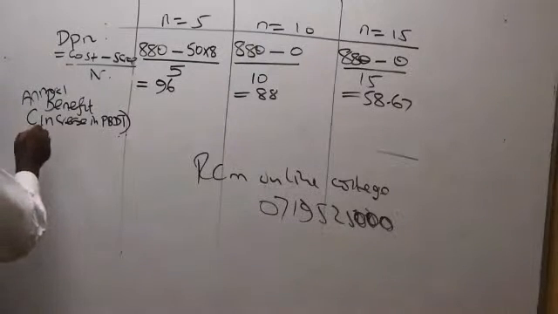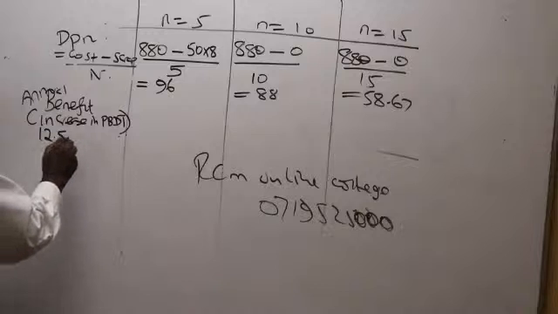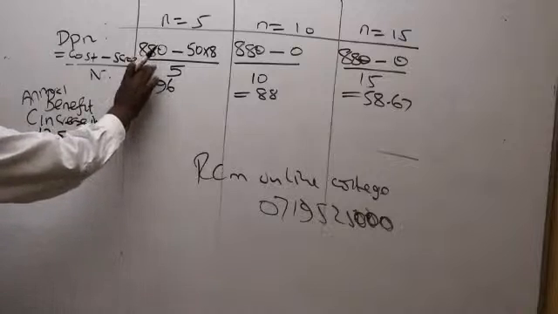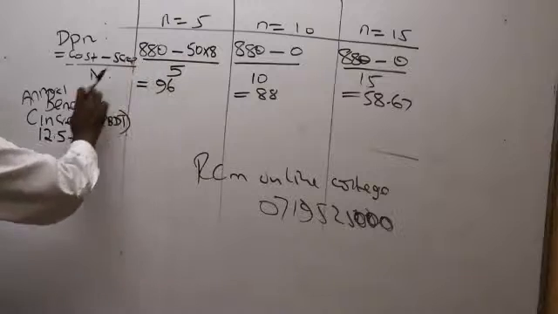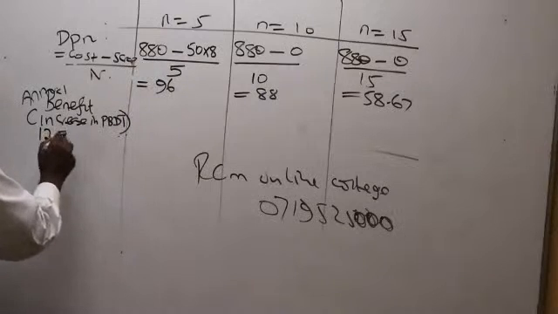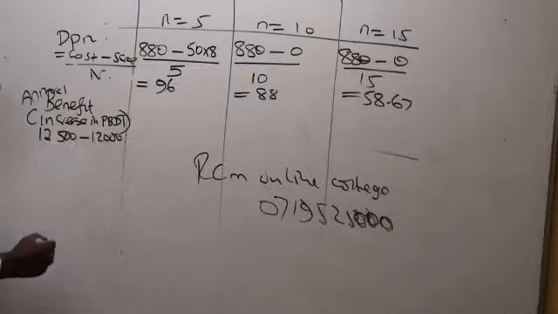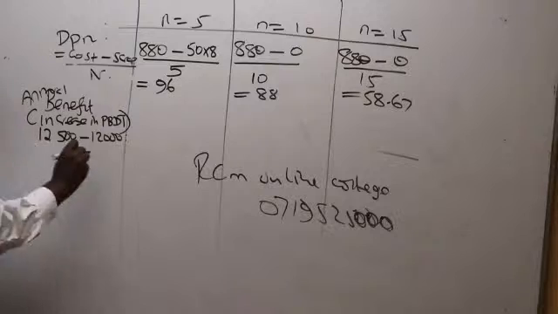So it means here it is 12.5 minus 12. These were in terms of thousands, remember. So this should be 12,500 minus 12,000, with figures in thousands, cutting 3 zeros.